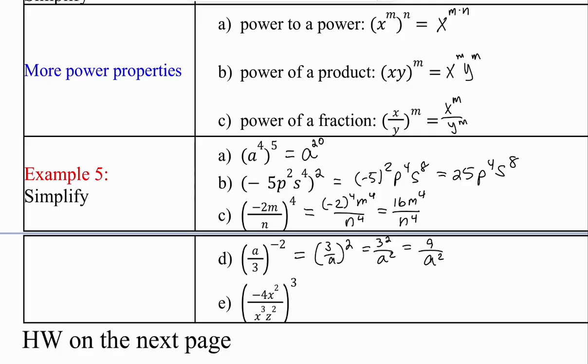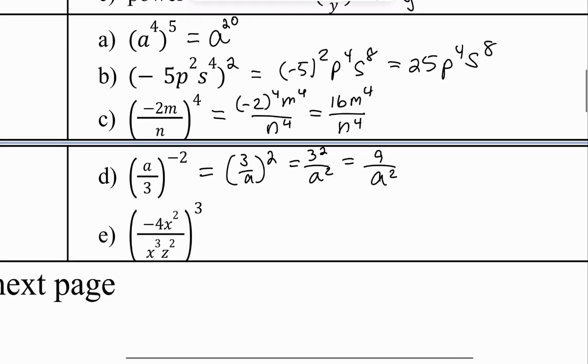Okay. And then our last example here is E. We've got a cube on the outside. Now, here's my take on one like this. If you can simplify the fraction first, if there's anything that can be simplified, I would do that first.